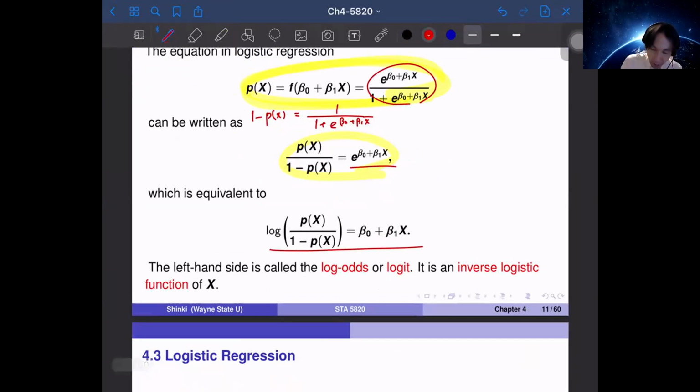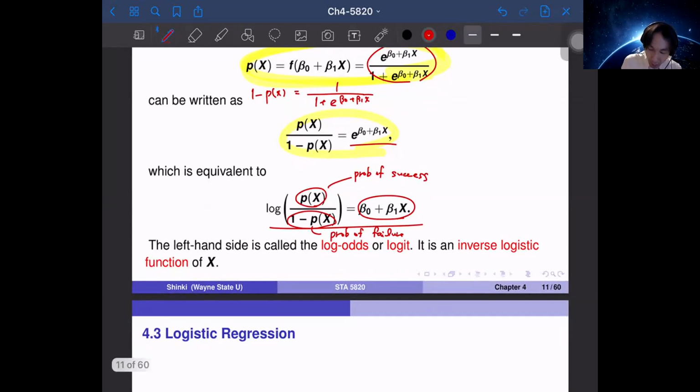The logistic function is complicated, but you can interpret this as the ratio of success and failure. This is the probability of success, and this denominator is the probability of failure. The log of this ratio of probabilities is a linear function of x.